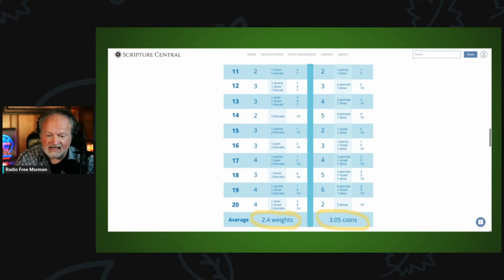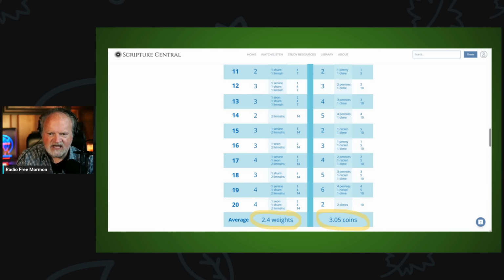The US is higher, 3.05 coins, which means that on average between 1 and 20, you need more US coins than the Nephites needed of their units. So obviously, the Nephite monetary system is more efficient and more practical.